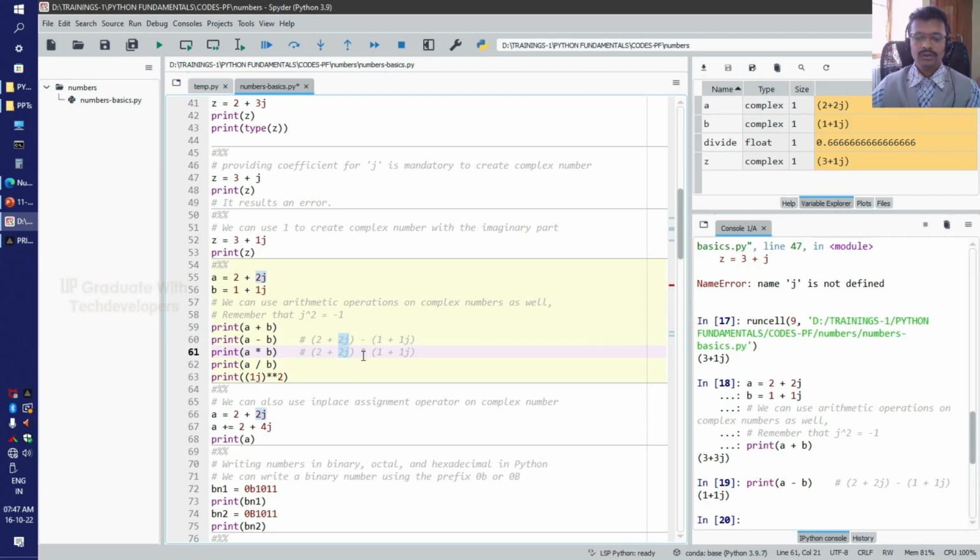We have 2 plus 2j plus 1j minus 2j. So let us see the result.